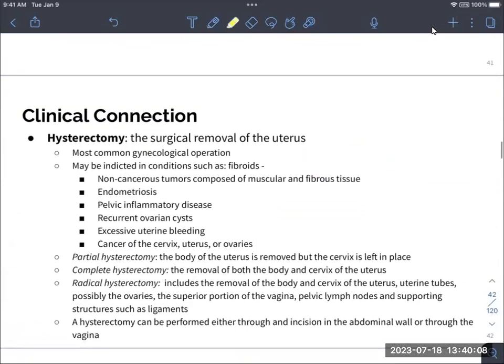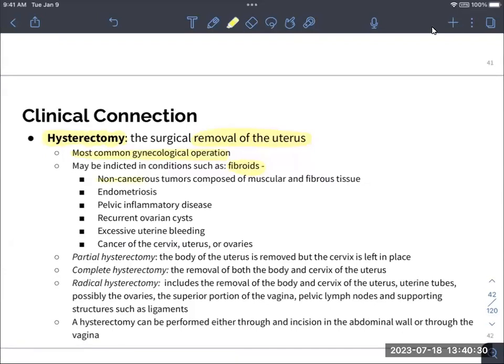A hysterectomy. Not performed as much as it used to be back in the day, but it's where they actually remove the uterus for different reasons. Technically, it is the most common gynecological operation, still done, not as often, but it can be done because of fibroids.